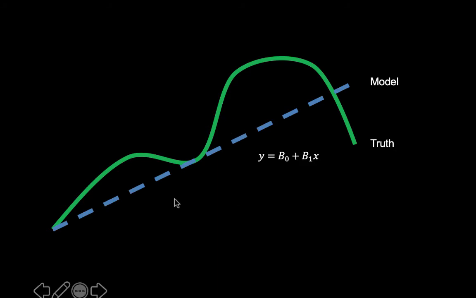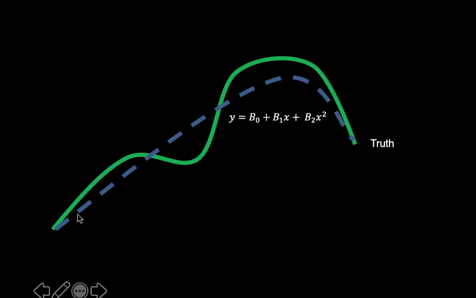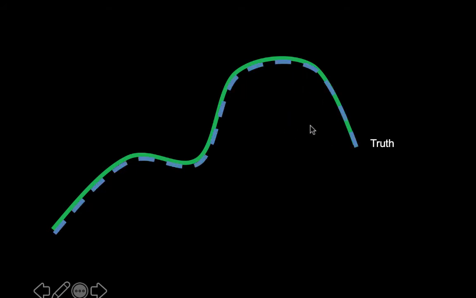There's going to be some loss of information based on us effectively simplifying the truth to make and parameterize a model. Right? So these are all the places where our model fails to fit the truth. If we make a more complex model, we might get a better fit to the truth, where we're losing less information, but we've added a parameter. And of course, if we add enough parameters, we can fit the truth, if we had the truth to parameterize with, perfectly.